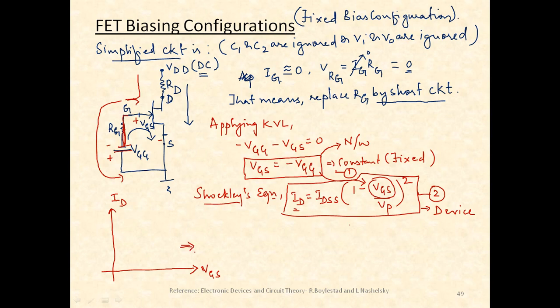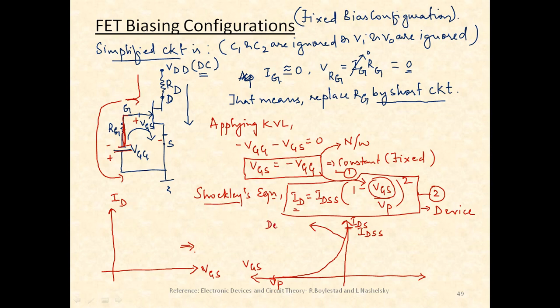So I'll just draw a replica of it. That is IDS, and this will be VGS. We have already seen how the transfer characteristics look for a JFET, with VP being the pinch off, and this point is IDSS, the drain to source maximum saturation current. So that is the characteristic.